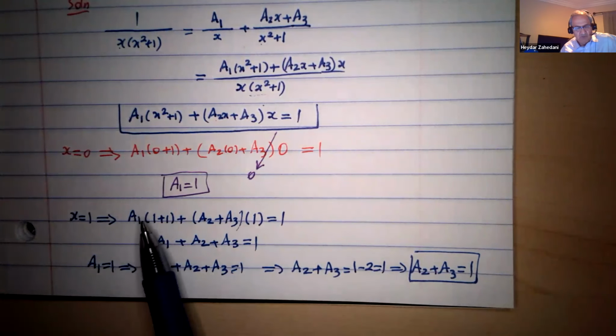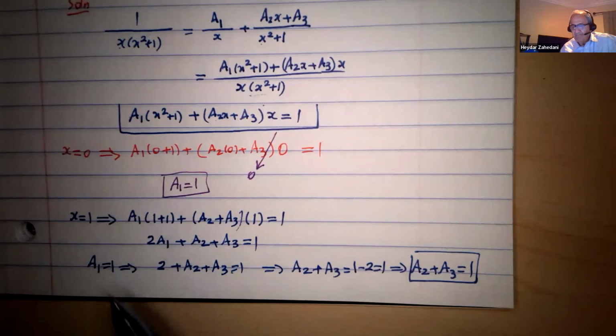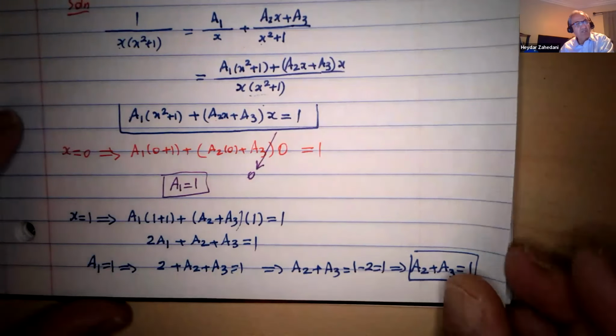So go on and get another number. Get x equal to -1 again on both sides.